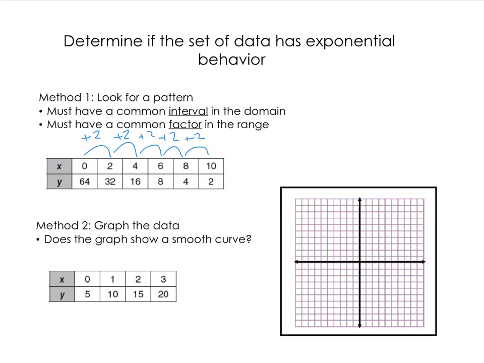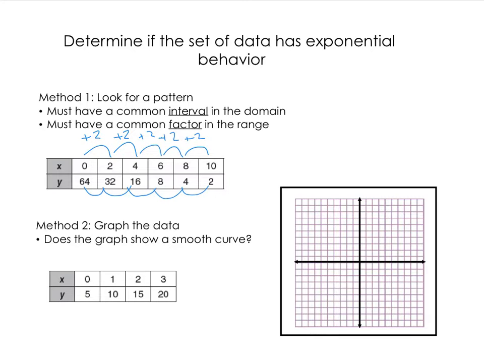But now let's determine the y's. There must be a common factor in the range. So here, we look from 64 to 32, 32 to 16, so on and so forth. From 64 to get to 32, we divide by 2, or we could say we are multiplying by 1/2. As we start to look at this data, it's going to be easier for us down the road if we can change a division problem into multiplication.